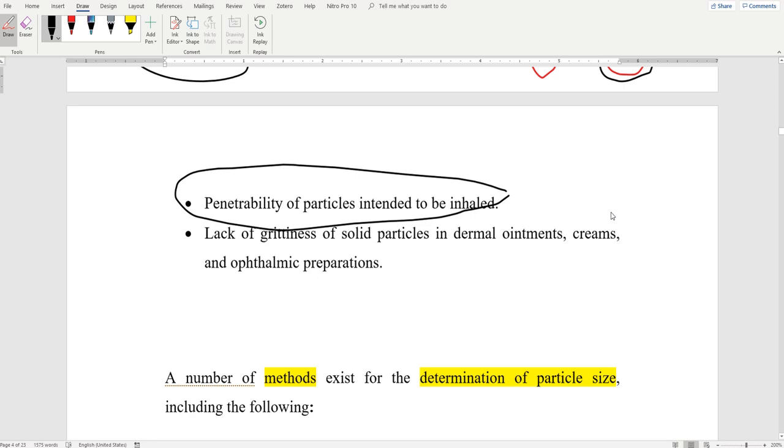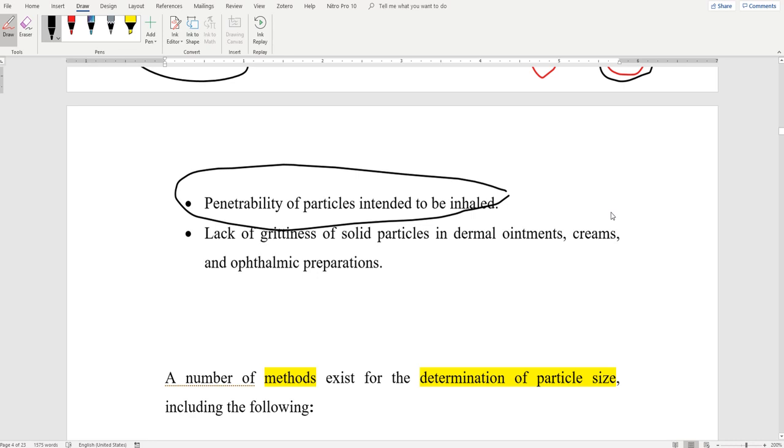What happens if the size is, let's say, 20 micrometer or above? In this case, most of the particles will impinge or impact, when you inhale it through the mouth, in the throat, causing coughing and irritation. So this means that it's very important for the particle size to be within the optimum range.